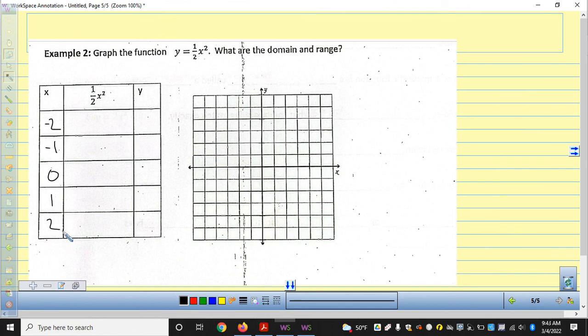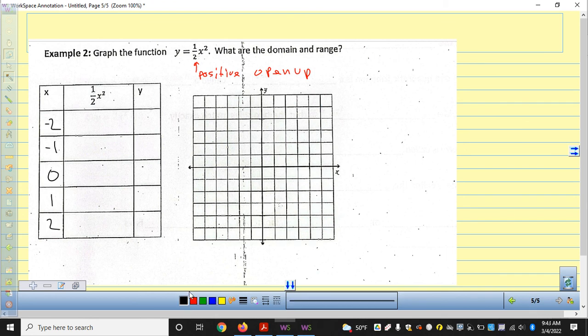So let's think about this graph for a second. Is this graph going to open up or down? The number in front of the x squared is positive, so we know our parabola is going to open up.